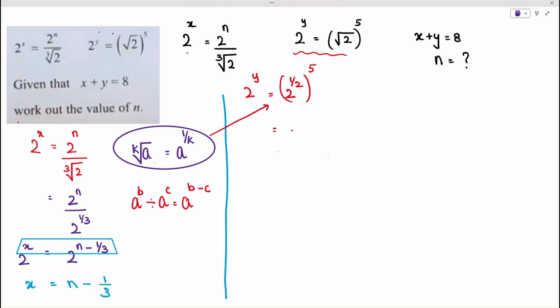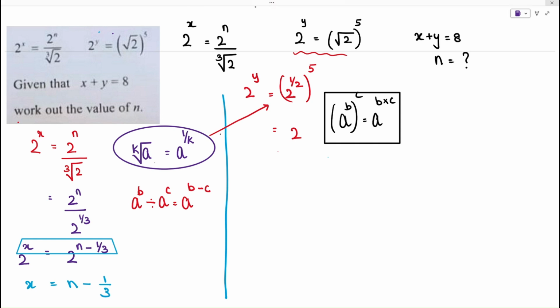Then we can use another rule, which is a to the power of b, the whole thing to the power of c, is equal to a to the power of b times c. And so for our 2 here we can multiply our powers. So we have a half times 5, which gives us 5 over 2.